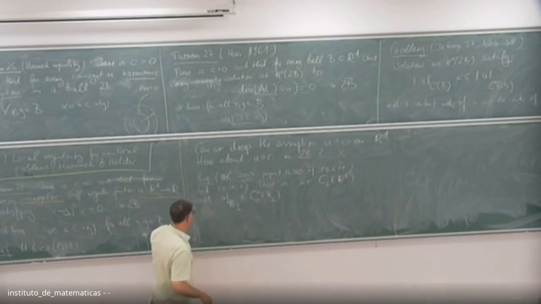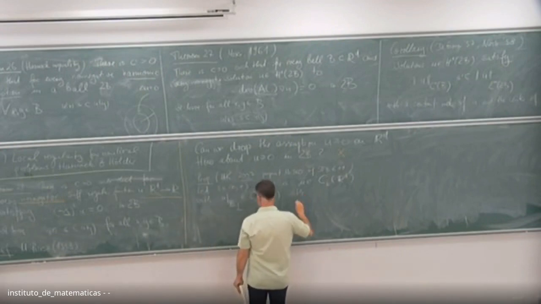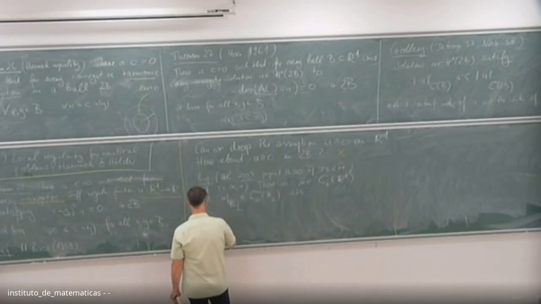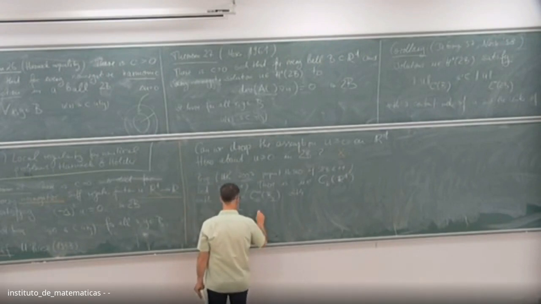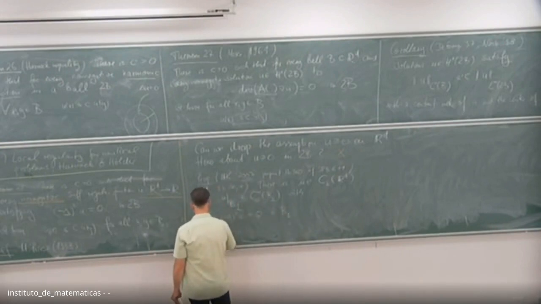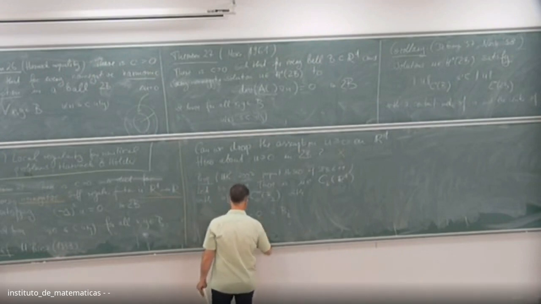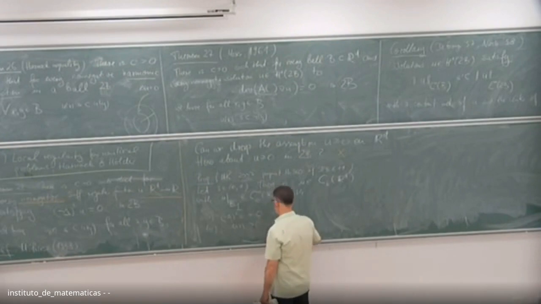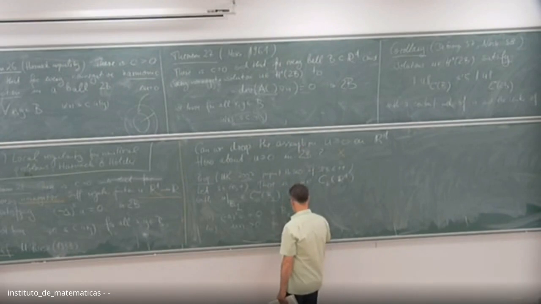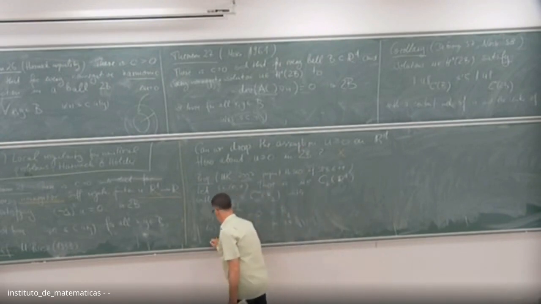There's u, which is smooth in B1 with the following properties. It satisfies the equation in B1. It is strictly positive for x in B1 if you remove the 0, and it is 0 in 0.